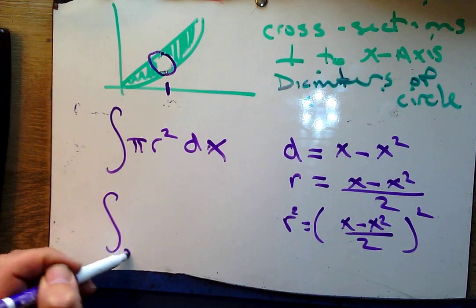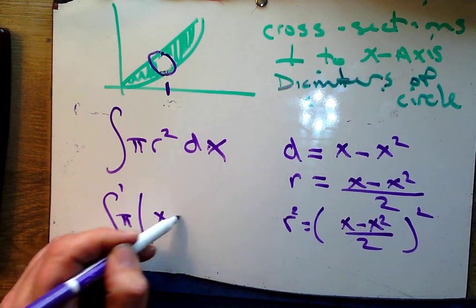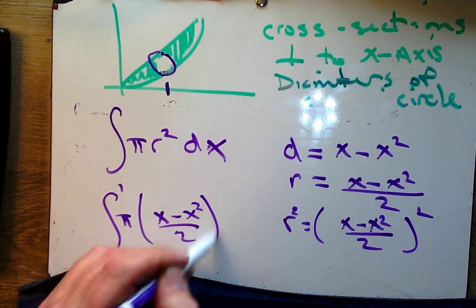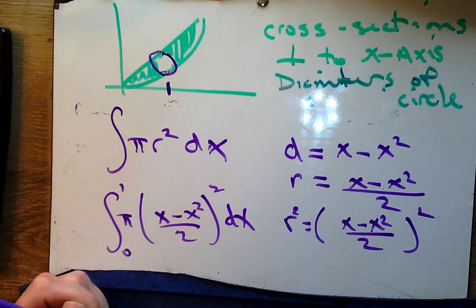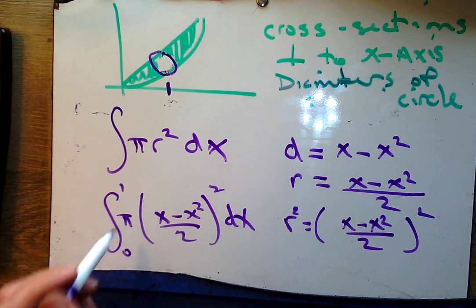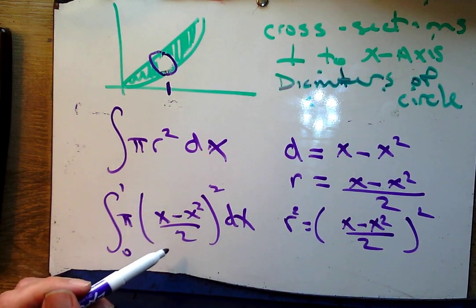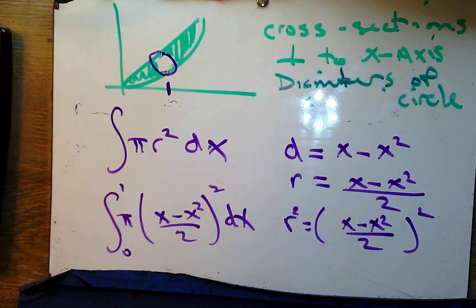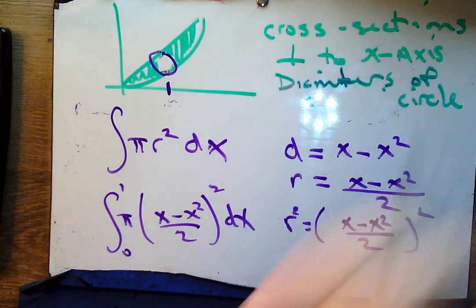So we're going to have from 0 to 1 pi times x minus x squared over 2, squared dx. So this answer should be double or half of the other one. Well, the other one was semicircles and this one is circles, and so I would expect this answer to be twice as big as the last one.